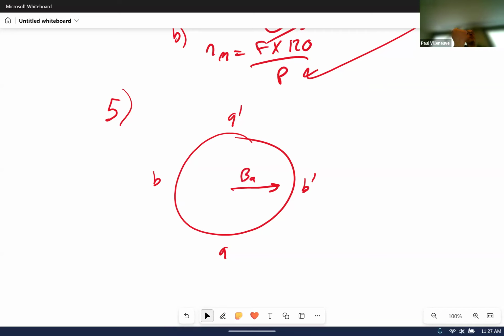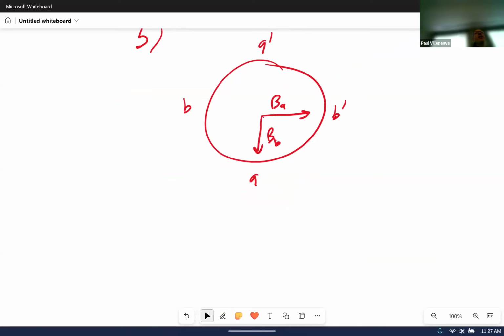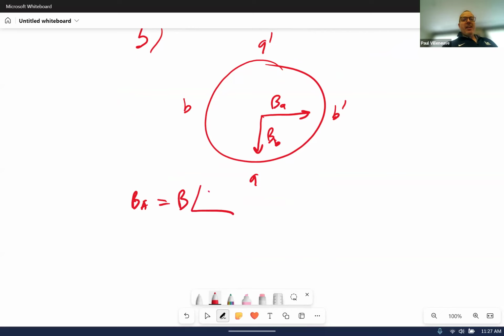Over here, wrap my fingers around, point down towards A. So this is B sub B. So my B sub A we know is going to be equal to some magnitude of B, which I determined from the current, at an angle of 0 degrees. B sub B is equal to some magnitude at an angle of minus 90.